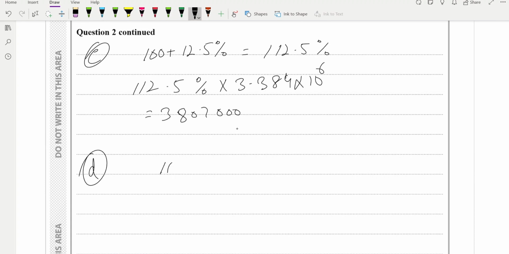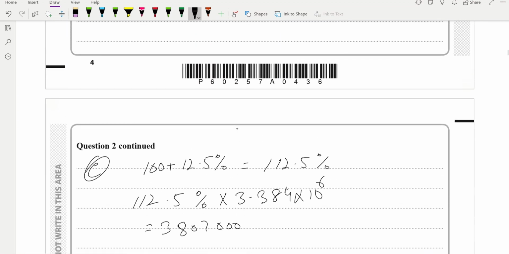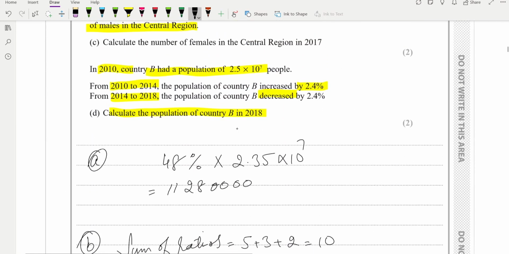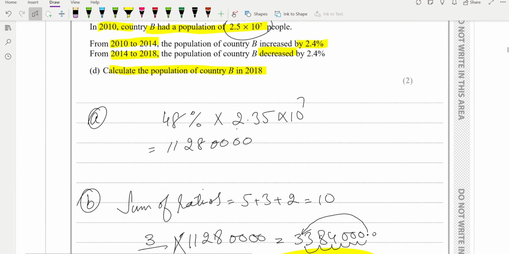To calculate the increment of 2.4%, 100 plus 2.4% will be equal to 102.4%. We have to calculate this of the given value, which is 2.5 into 10 raised to the power 7.